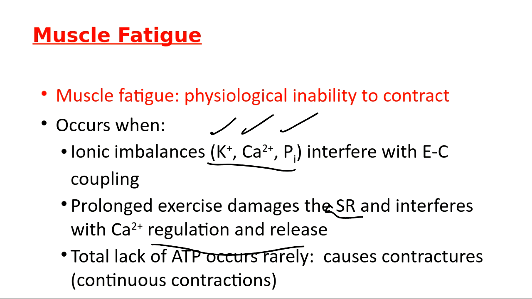Also, ATP may be depleted, even though that's not common. It could also happen. So there is an ionic imbalance, a loss of calcium, damage of the cells themselves, and eventually there may even be a lack of ATP.